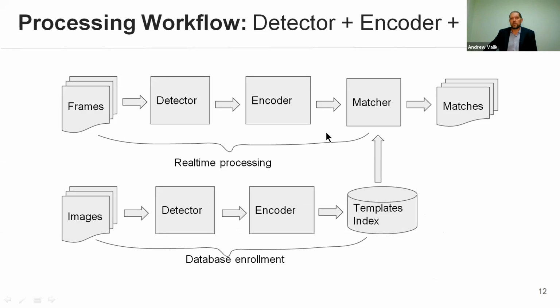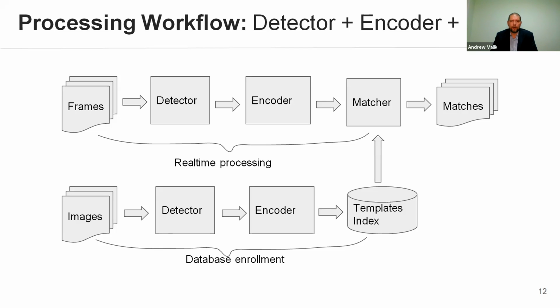And the processing workflow. At first, you have to enroll your faces in a database. You can see at the bottom of the image, you pass photos, images with faces to the detector, next to the encoder, next store it to the database, construct the template index, and pass this template index to the matcher for matching.